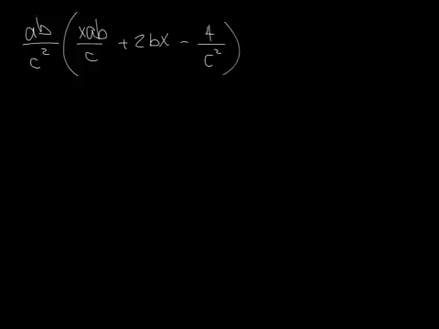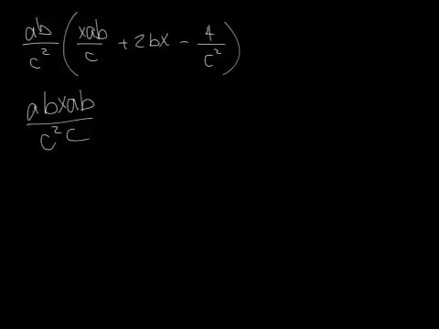So this is example 3, and again we're going to use the distributive property, but in this one we're going to use it for this times this, and this times that. So let's do these first ones here, and let's just stick everything together. We've got an a, a b, an x, an a, and a b there. And on the bottom we have a c squared and a c.